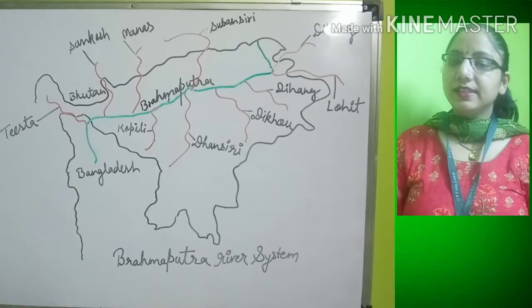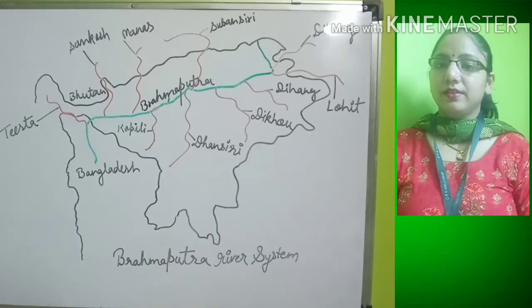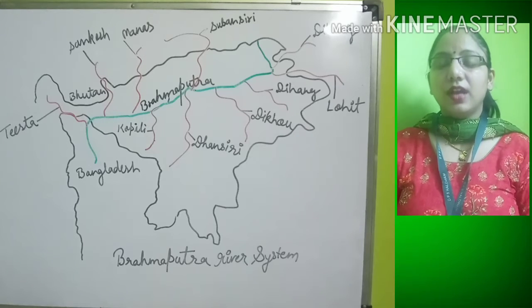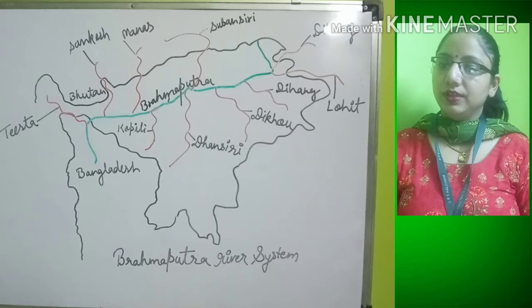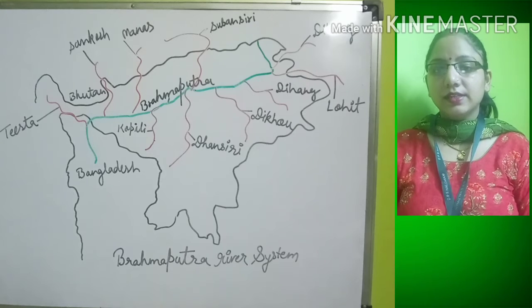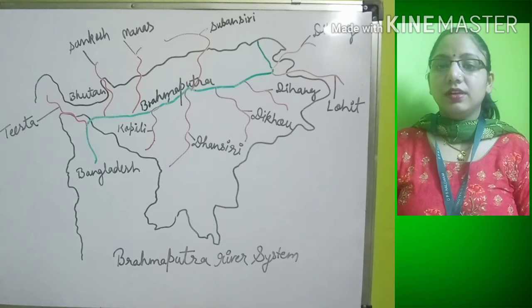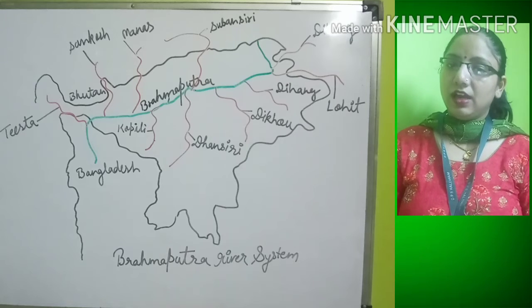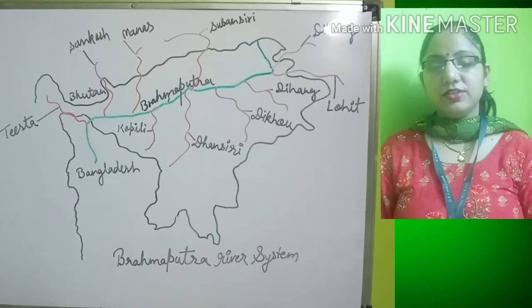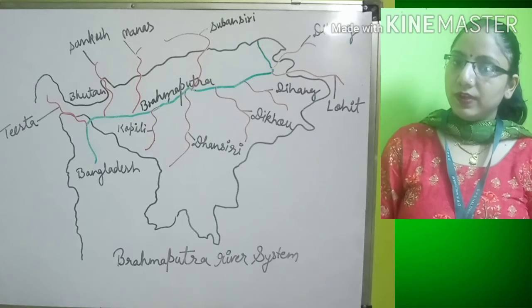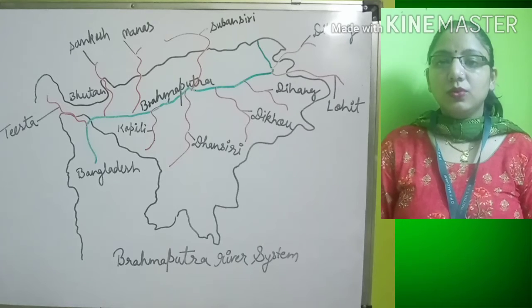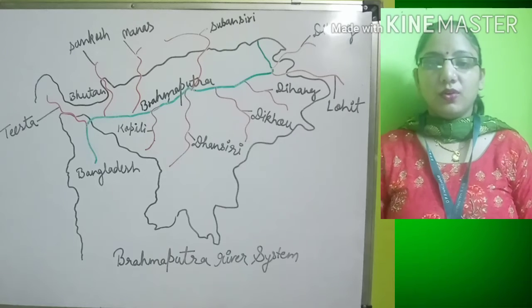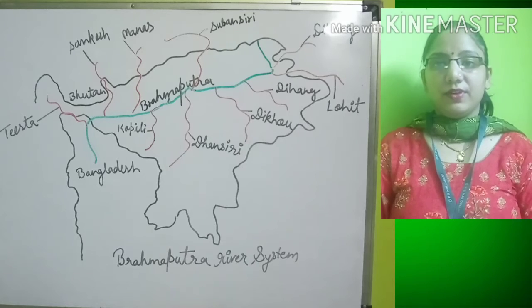So now let's see the Brahmaputra river system. The Brahmaputra is one of the largest rivers of the world. It has its origin in the Chemayungdung glacier of the Kailash mountain range near Mansarovar lake. Let's see the journey and the tributaries of the Brahmaputra river.